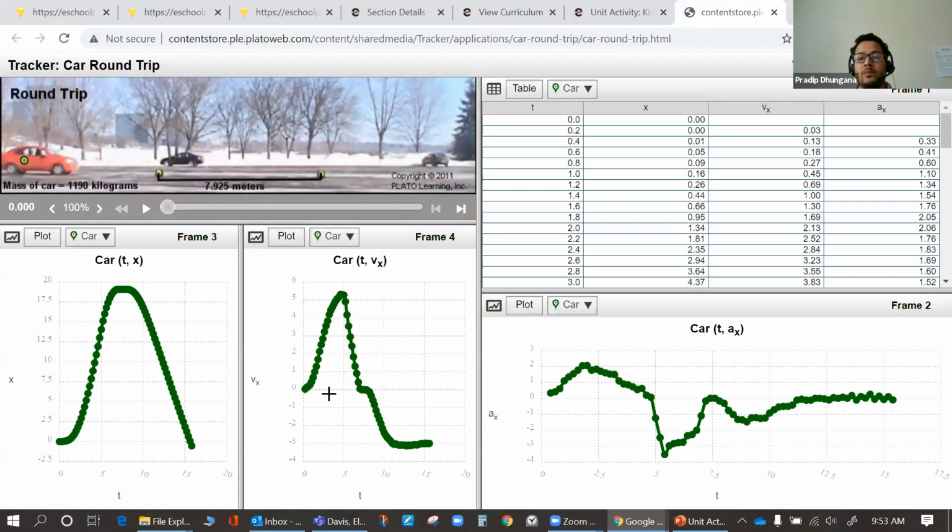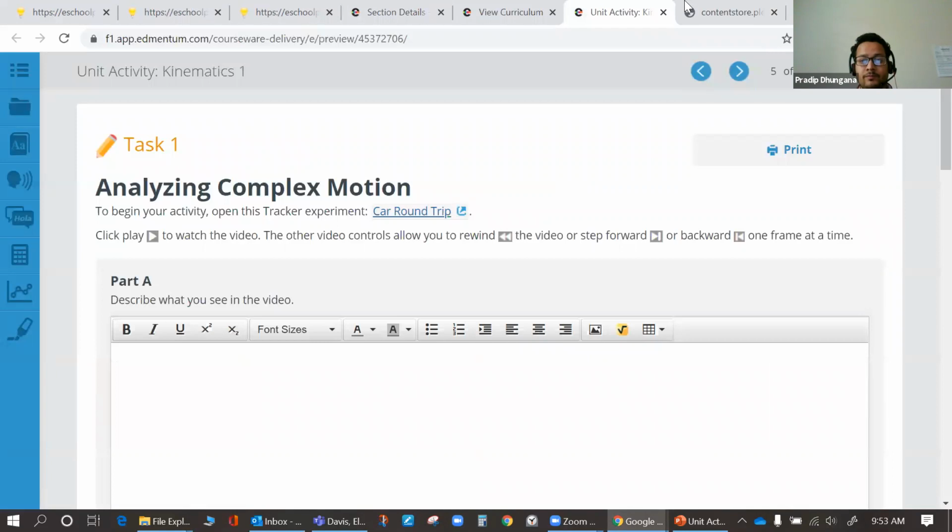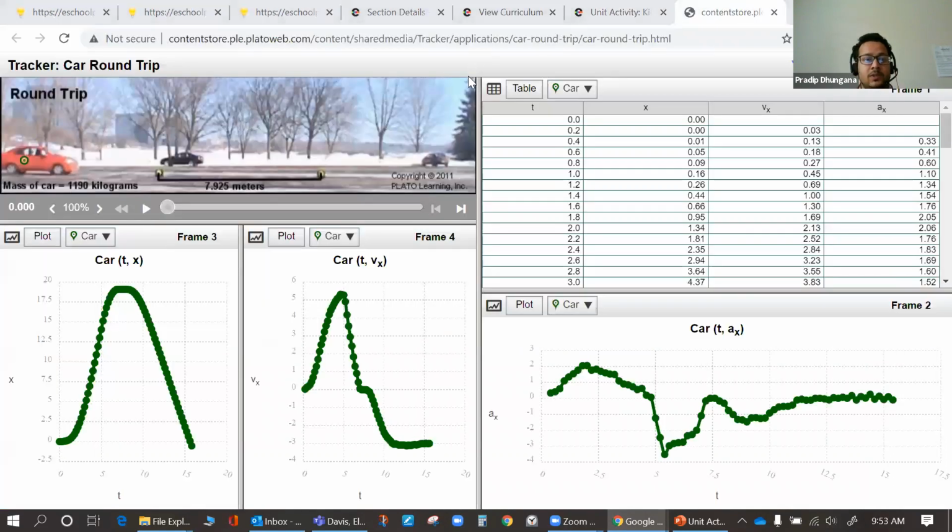Whenever you click on that, car round trip tracker experiment, you will see this window. Once you see this window, you should be able to play around and pull out all the information you will need.